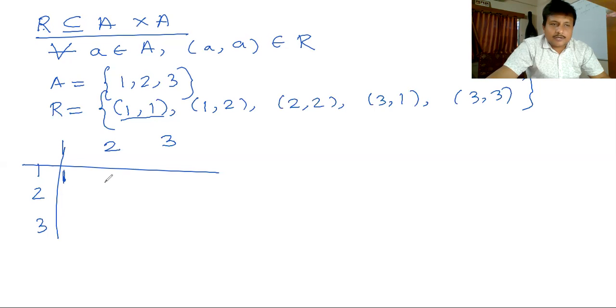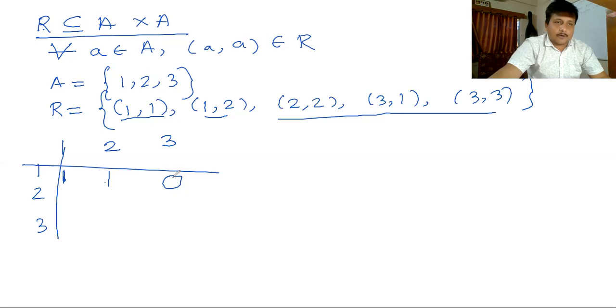Next, this position is the (1, 2) position. You also check that (1, 2) is in R. So you also mark it with unity. Next, you move to the (1, 3) position. But you may note that among the remaining elements, (1, 3) is not present. Therefore, you should mark it with 0.